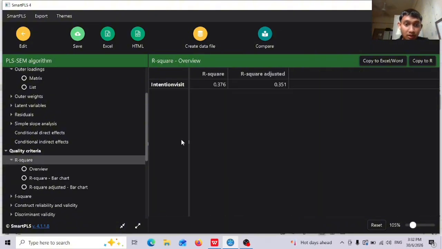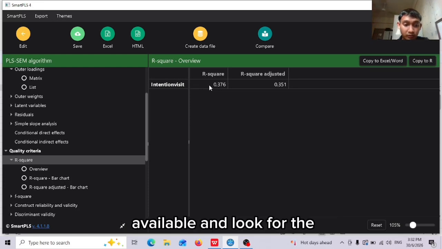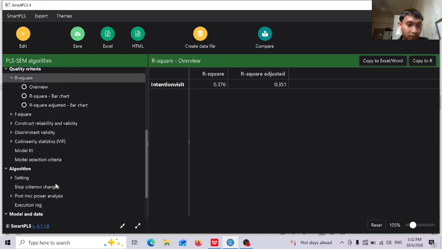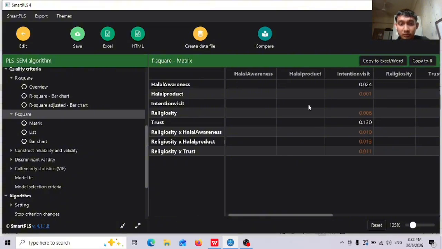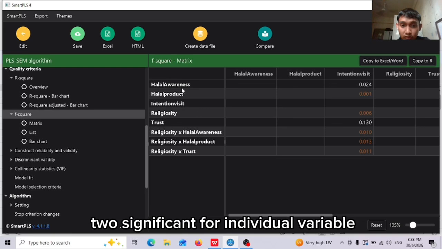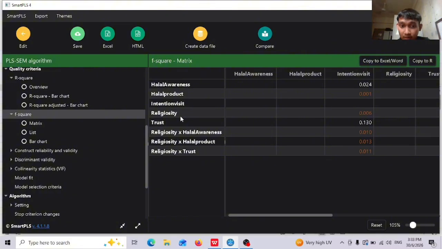Next, look at the quality criteria with R square. The R square for intention to visit is 0.76, which is significant. Then look at the F square, which shows the relationships between the variables. Two independent variables are significant: halal awareness at 0.024 and trust at 0.130.